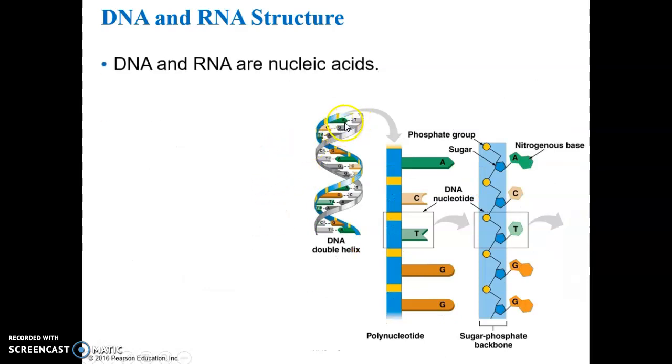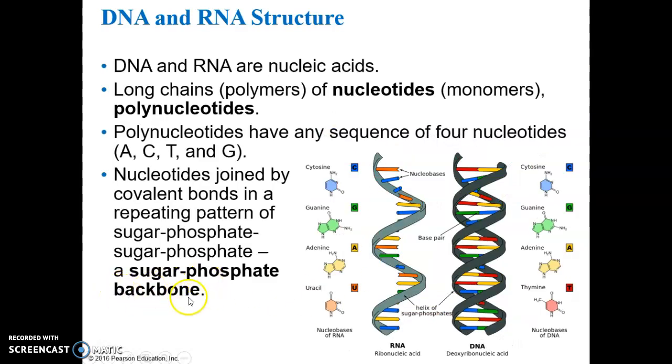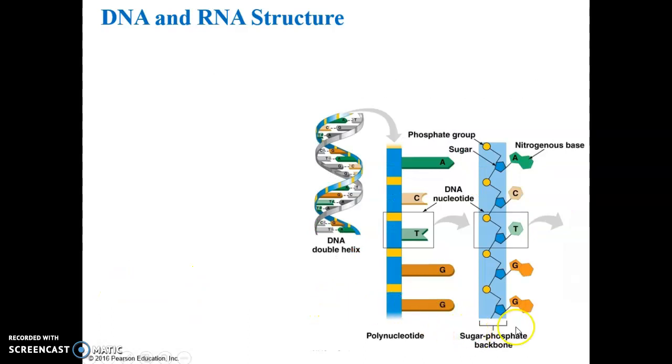If you look at this model from your textbook and consider just one of these ribbons, here in blue and yellow are the alternating sugar and phosphate, and that is represented by this strip. That is the sugar-phosphate backbone, as we have it labeled here.